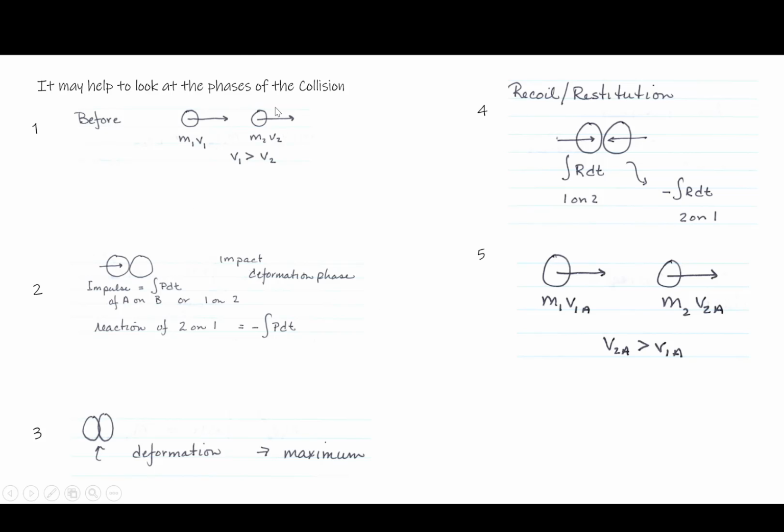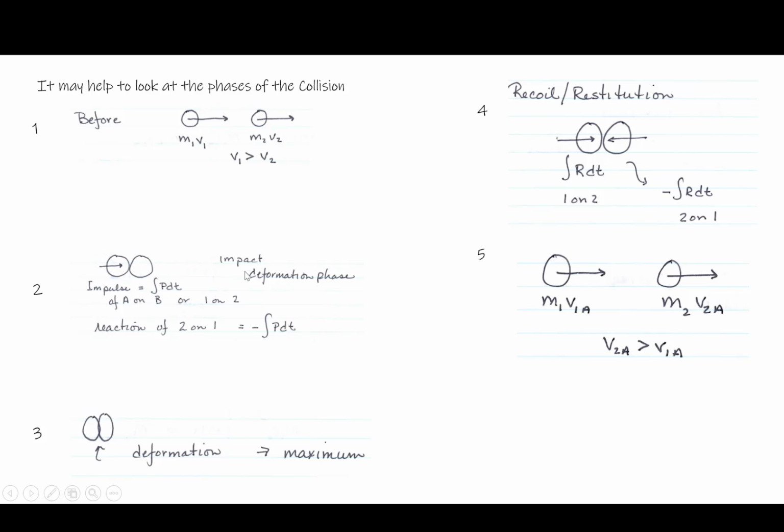Before the collision, we've got our two balls coming together. Think playing marbles, think playing cue balls. At the point of impact, the impulse of the first ball is going to hit the impulse of the second ball, and I'm going to use the P for a push here.